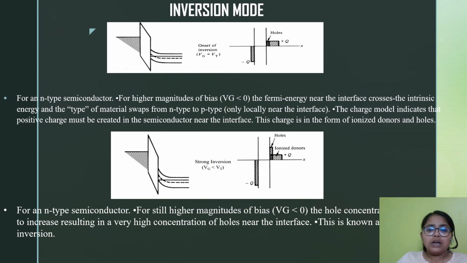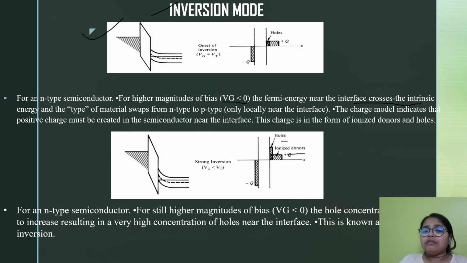Let's go for inversion mode. Inversion mode will be having two things: one is holes, and one is ionized donors. So for an n-type semiconductor, for higher magnitude of bias, the gate voltage will be less than 0. And the Fermi energy near the interface crosses the intrinsic energy, and the type of material swaps from n-type to p-type.